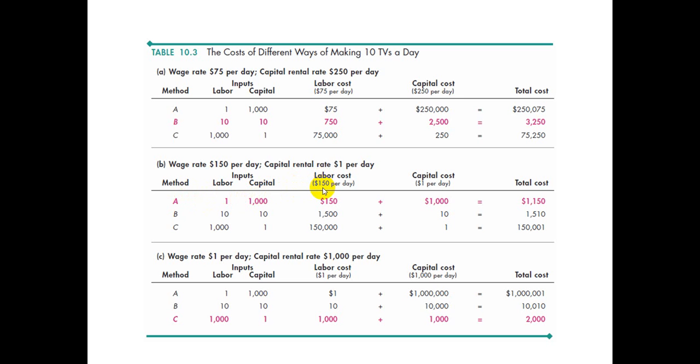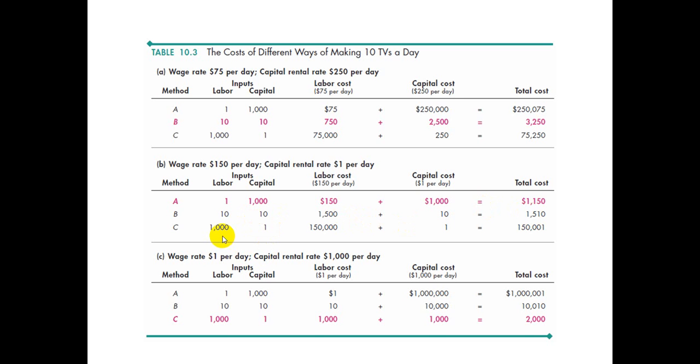Labor cost here is 150 per day, and capital cost just $1 per day. So the total cost here is 150 plus 1,000 equals 1,150. Method number B, 10 units of labor, 10 units of capital, so the total cost is 1,510.